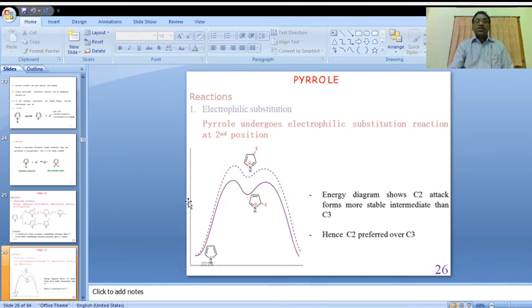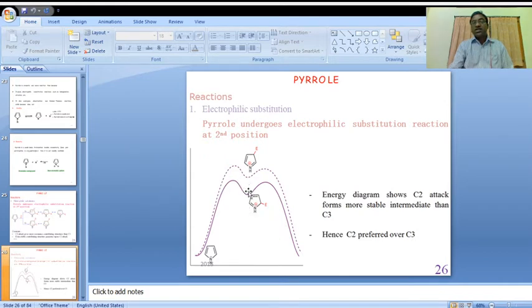Here the axes are energy level and time. The thick line represents the energy level of the intermediate from attack of the electrophile on the C2 position.